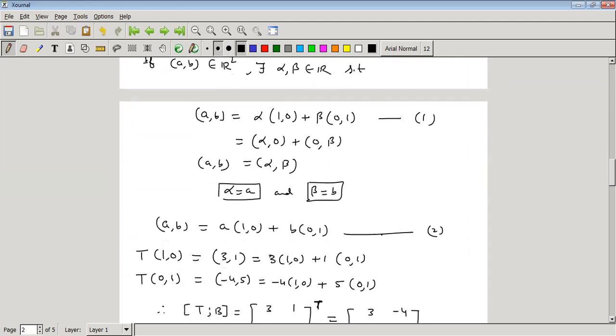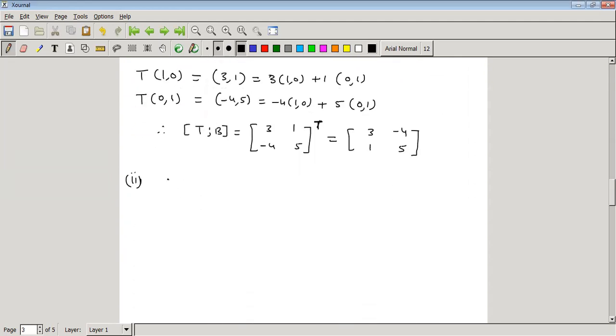So the transformation T is defined as T(x, y, z) equal to (x plus 3y, 2z minus y, x plus z), and the set of bases B is equal to {(1, 1, 1), (1, 1, 0), (1, 0, 1)}.